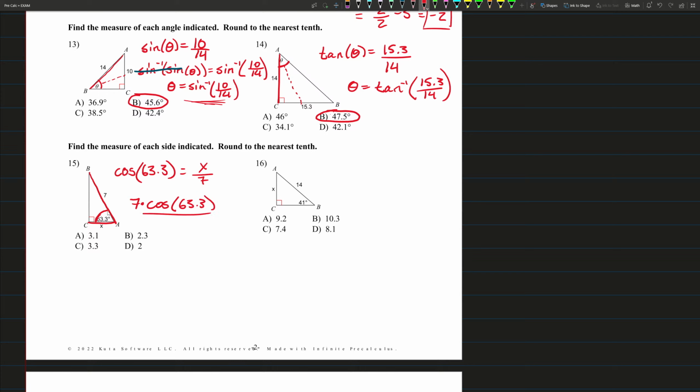We plug this into a calculator and we get our answer, which is 3.15, or 3.1, I guess.